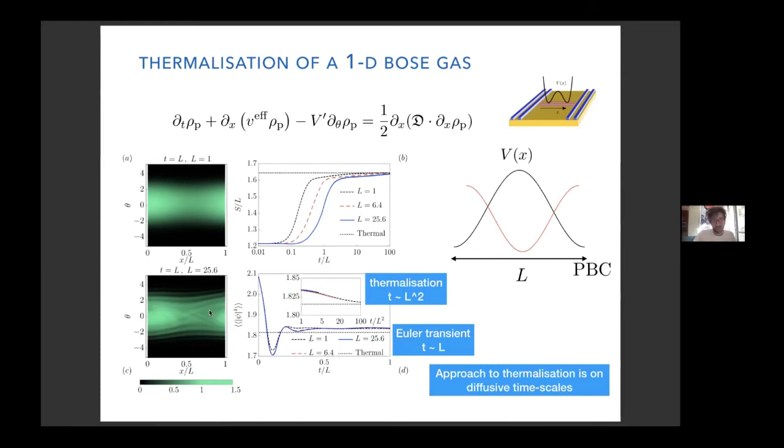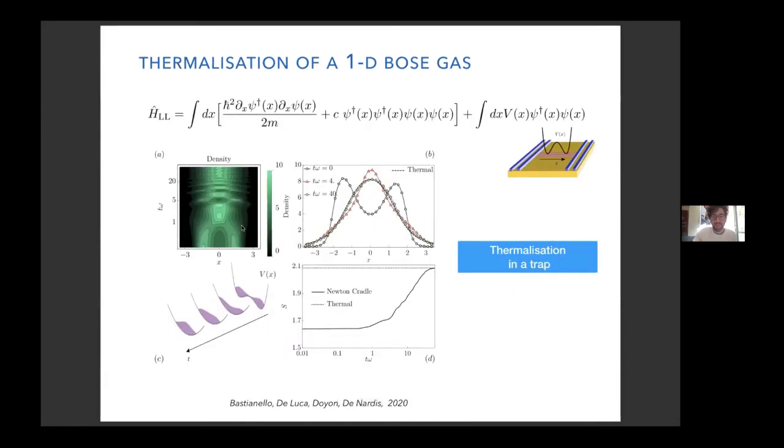This is at a time of order L. But if you wait long enough, all these wiggles will have to diffuse and basically thermalize to some kind of more continuous blob. And this is exactly what diffusion does. Basically, it coarse-grains the fine structure, and only after that has happened can you see thermalization.